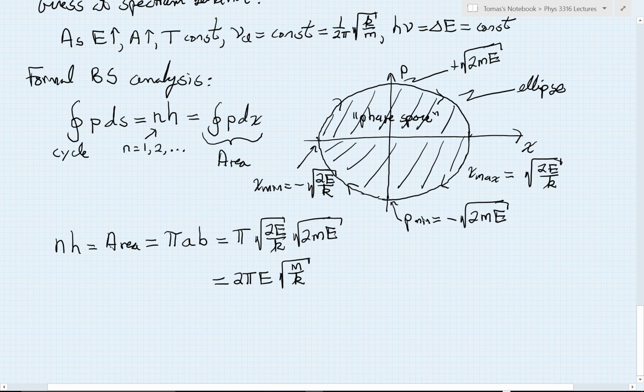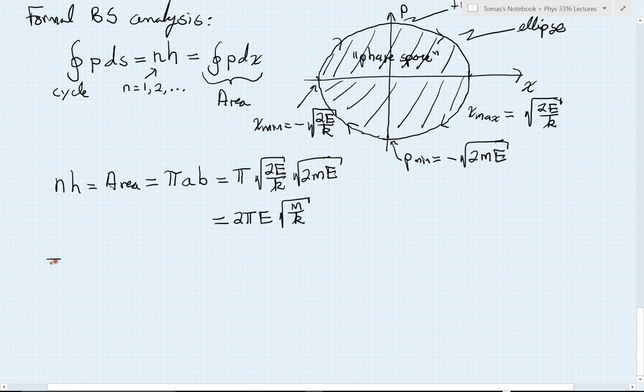And finally, we can solve this equation for our energy levels E in terms of n. And when we do that, we divide both sides by 2 pi. So I'll have n times h over 2 pi, which is h bar. And just to remind you, this came from h divided by 2 pi.